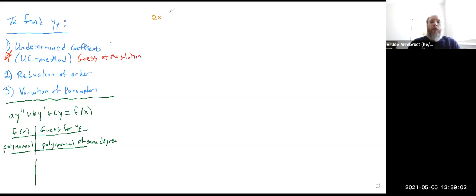For example, let's say we've got 2y double prime plus 5y prime minus 3y equals 4x squared minus 2x plus 1.